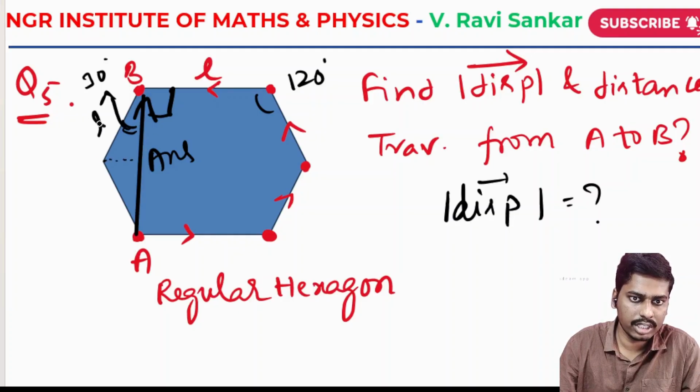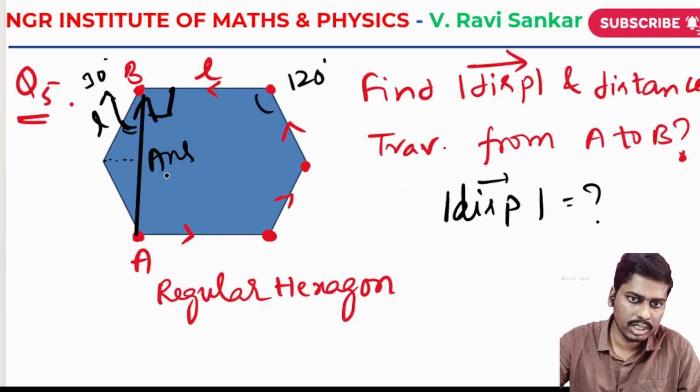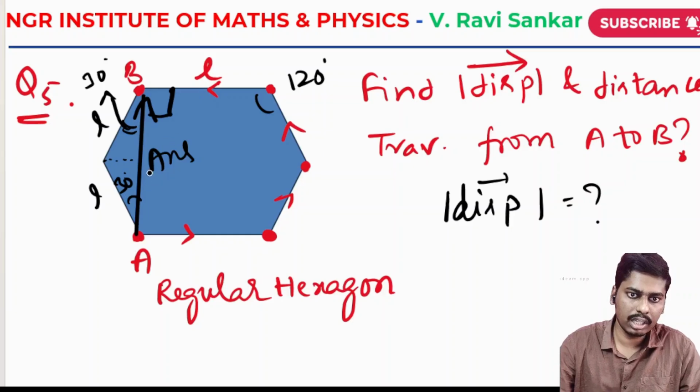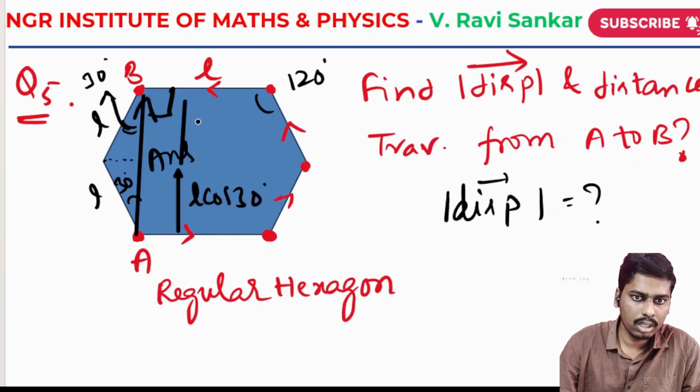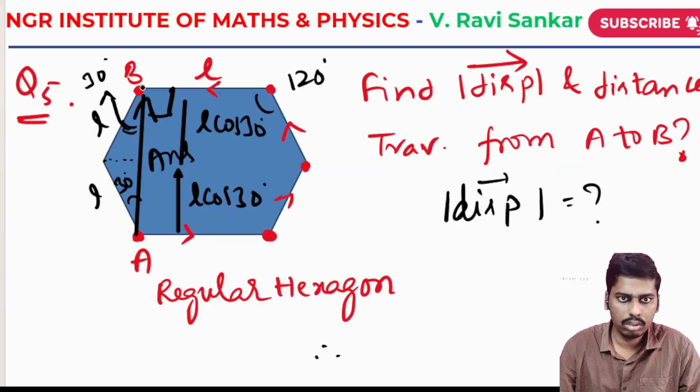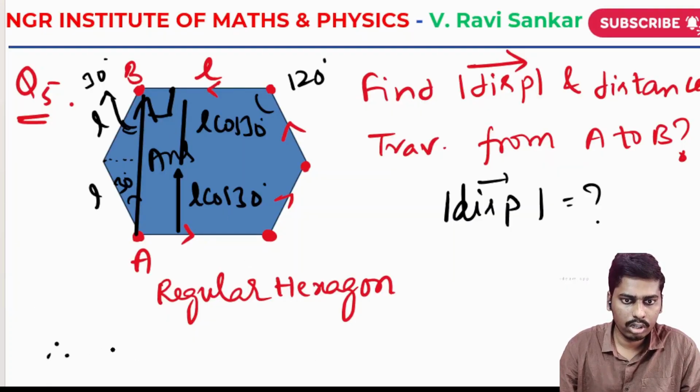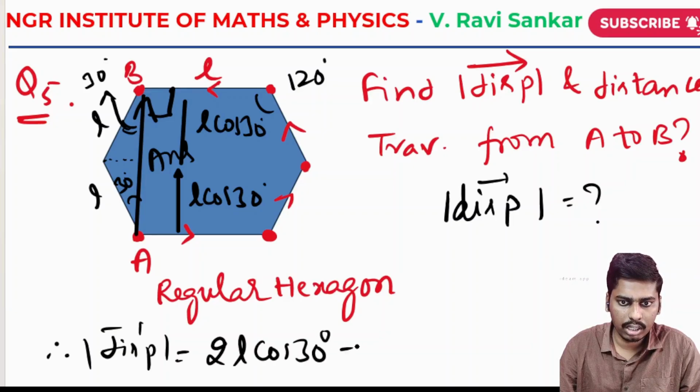If I say this is L, this is also L. If I break this into components, this is L cos 30 degrees, and this is also L cos 30 degrees. Therefore, the magnitude of displacement equals 2 times L cos 30 degrees, which equals root 3 L. This is the final answer.